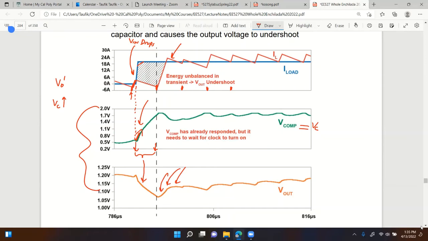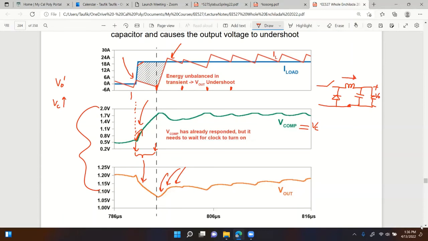So if I draw the buck converter again, like this, like that. Oops. Like this. At this point, let me erase this. See, starting from that point, this output voltage right here is screaming to the inductor, hey, give me more current.